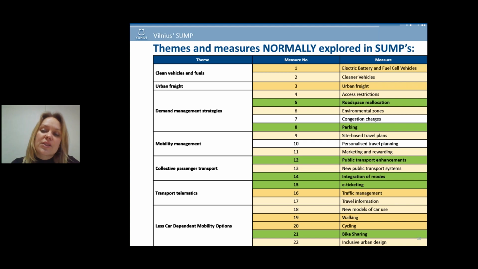In the Vilnius case, we covered all well-known measures and maybe invented even new ones. But to understand the process in the country, I would like to point out that there was a quite narrow attitude to what a city can suggest, because of quite narrow recommendations on what to analyze.